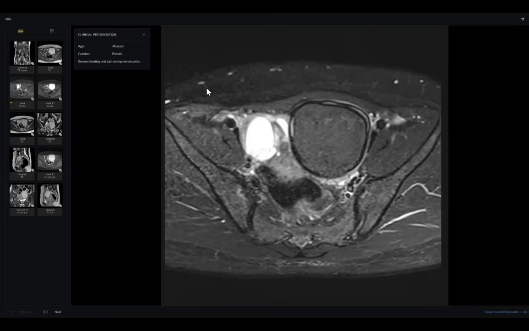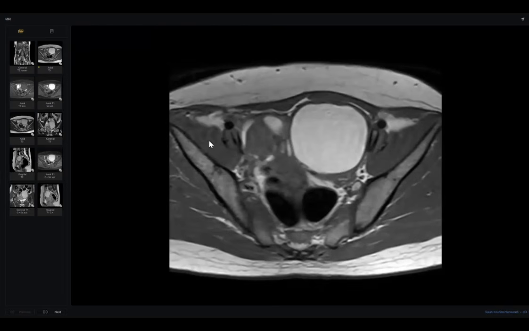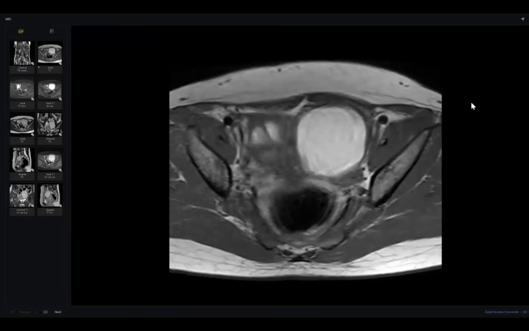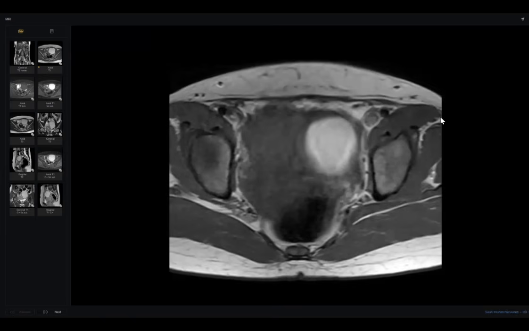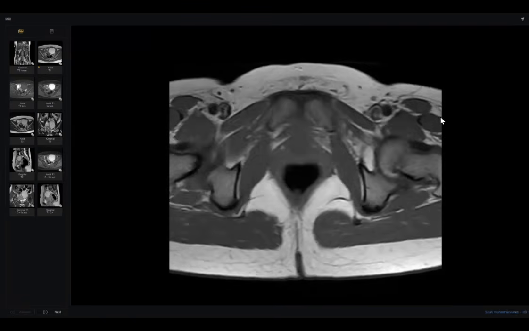Next candidate. 40-year-old female patient complaining of severe bleeding. I am presented with MRI images of a 40-year-old female with severe bleeding.